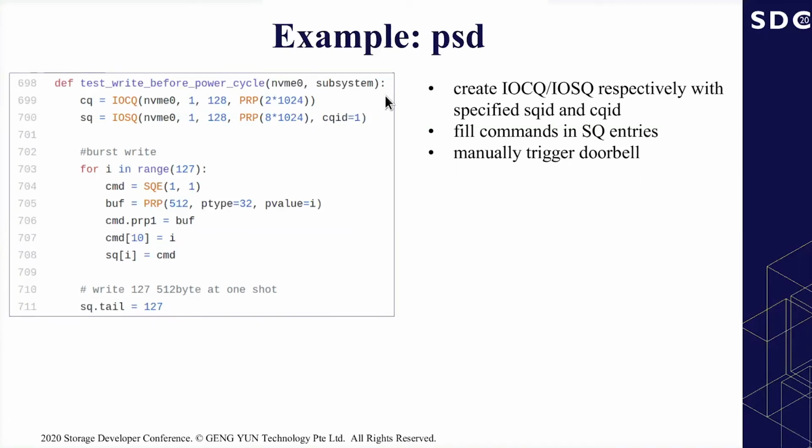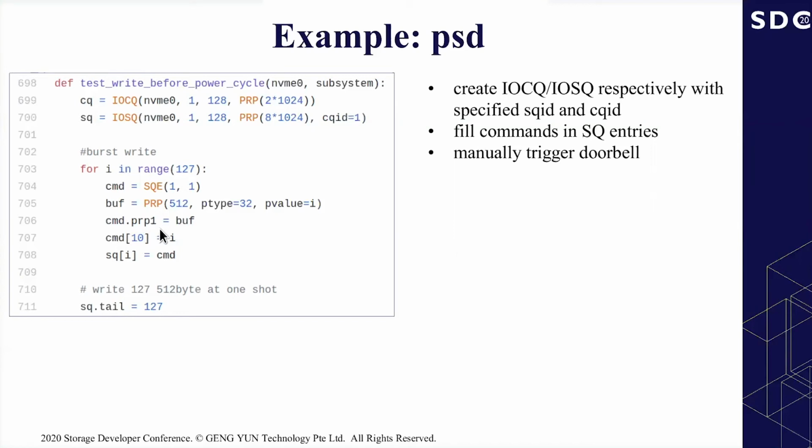In this example, we create IOCQ and IOSQ separately instead of a queue pair. We can specify the CQID and SQID and link the SQ to the specified CQ. Then we can use the PSD library to construct the 64-byte command structures and prepare PRP of the data buffer.